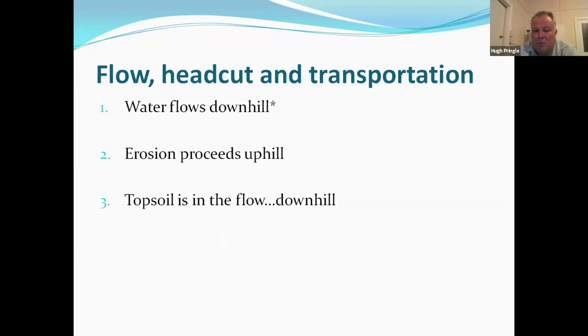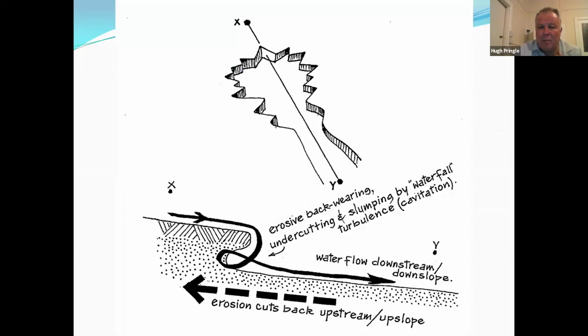And of course, the topsoil follows the water downhill. There's a diagram at the top, point X to Y, classic schematic of a gully head. The fingers all pointing to where the water is coming from.